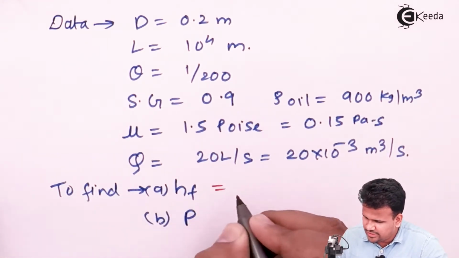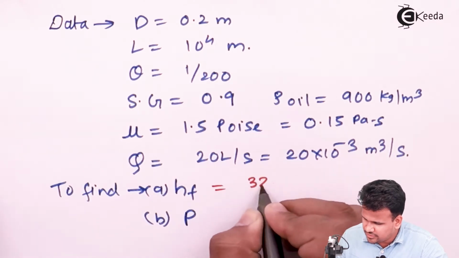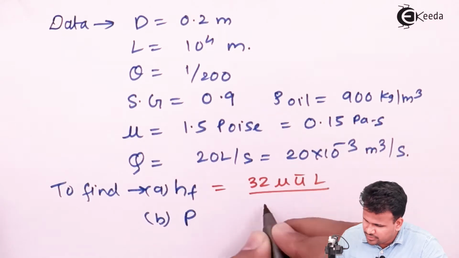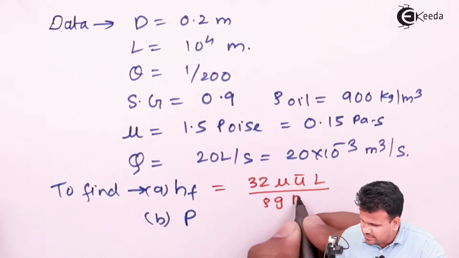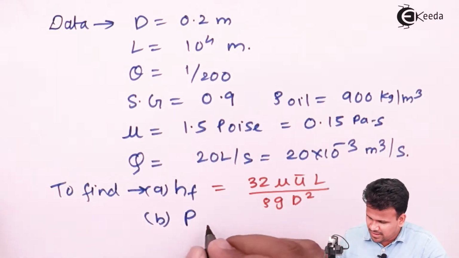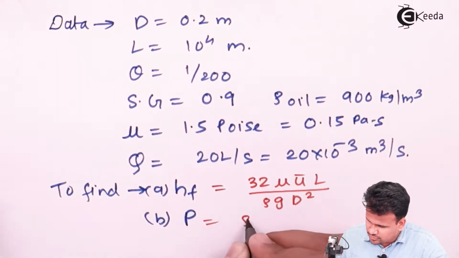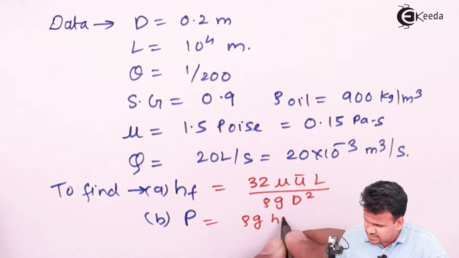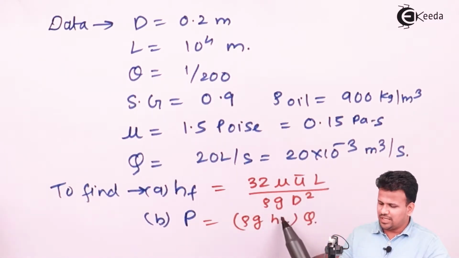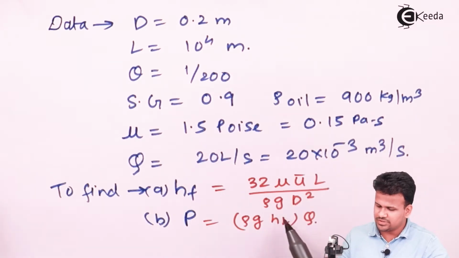The formula for head loss is 32 mu U bar L upon rho g d square, and the power is given as rho g HL into Q.